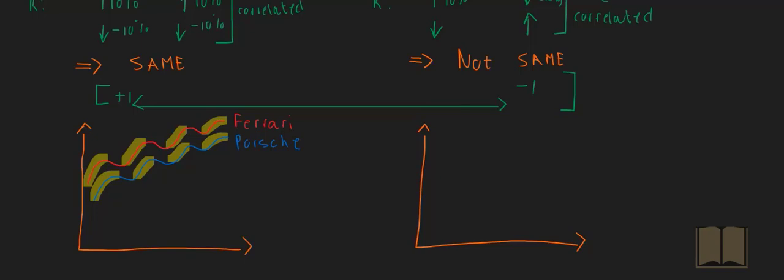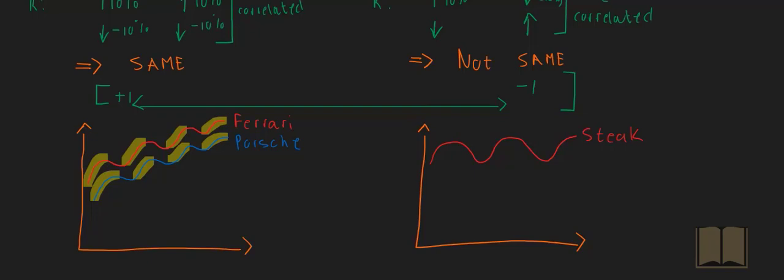Now let's have a look at perfect negative correlation. Let's say you have one asset and this asset displays the following behavior over time. Let's say this is the asset of a company that sells steak.